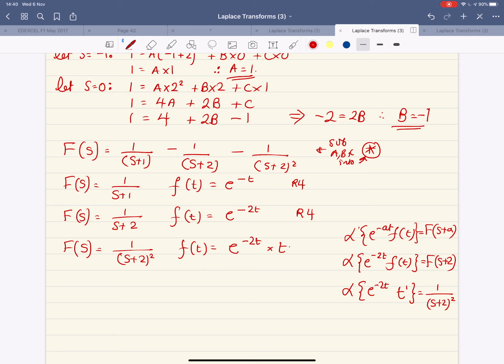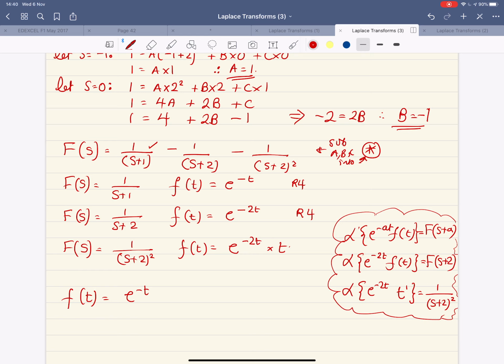Okay, so let's put all those together. So that's the thinking that I did there, but you can obviously take shortcuts when you've had a bit of practice of these. Putting it all together, we've got f of t is e to the minus t for that one.